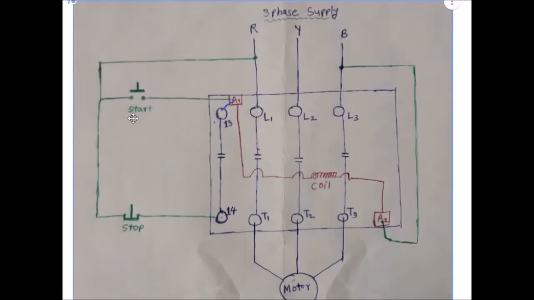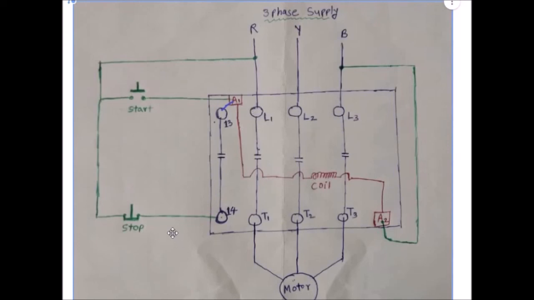Even if we remove our finger from the start push button, the contactor coil remains energized through these 13-14 contacts with the help of this stop push button, and hence the contactor remains on hold, and these contacts T1, T2, T3 get their power from L1, L2, L3 continuously.